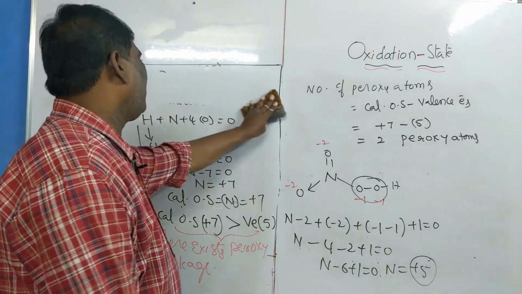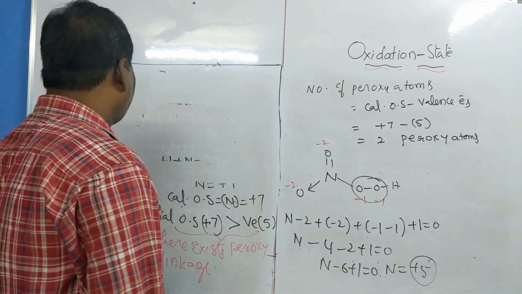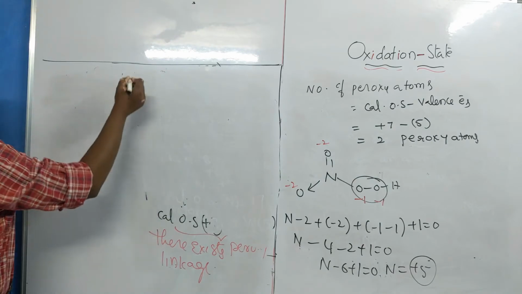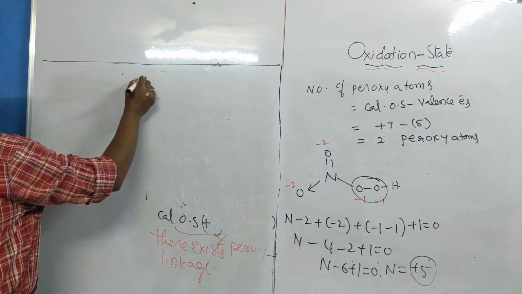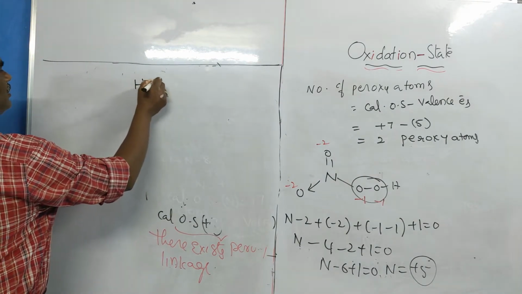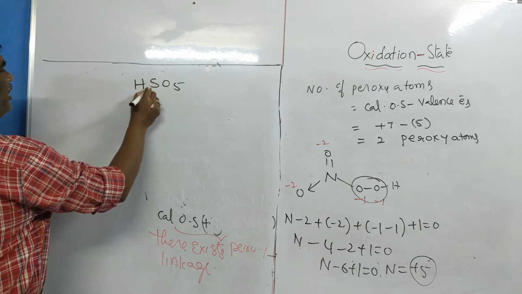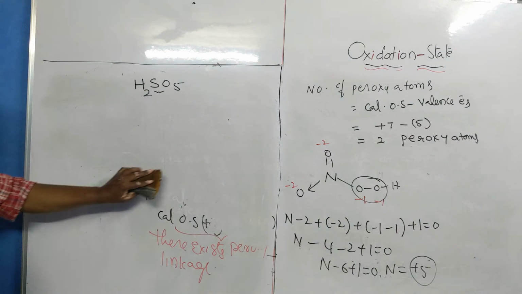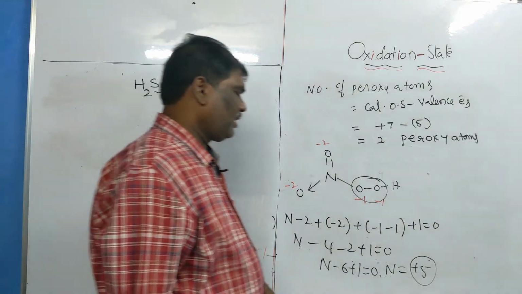Now one more example I will explain. Now we take H2SO5. In this one we are going to calculate the oxidation state of sulfur.